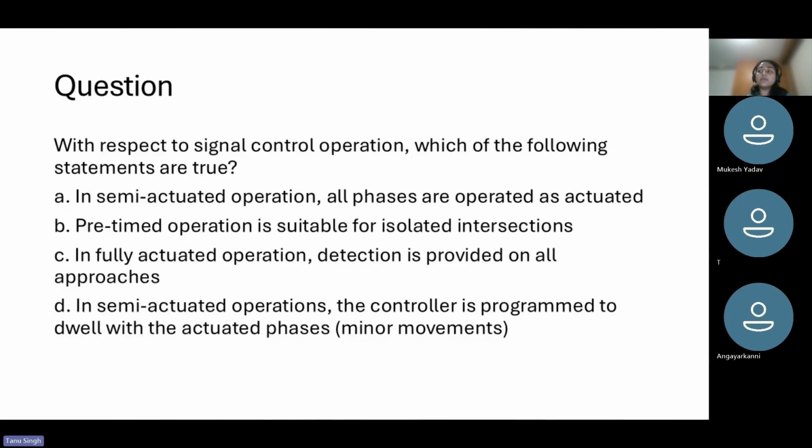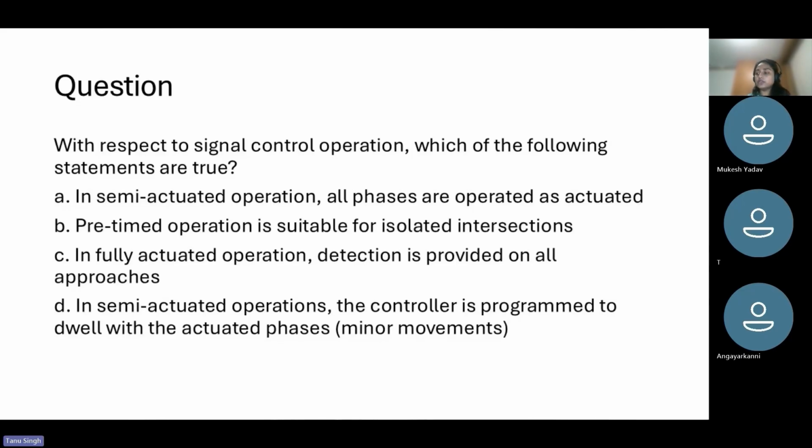Wherever a minor phase has a vehicle, only then do we turn the minor signal to green, else it is given to the major street, or it is fixed to the major street. Therefore, statement D is incorrect and statement A is incorrect. The correct statements are B and C.